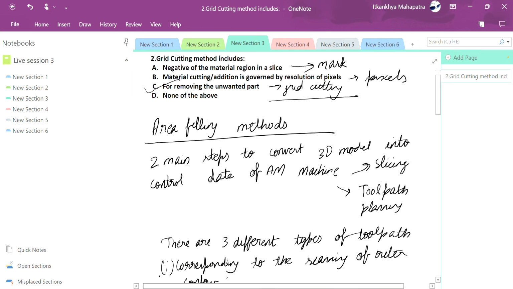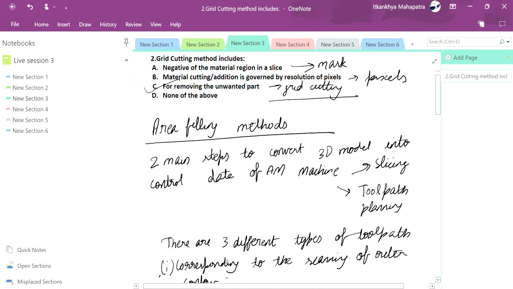So basically, you need to understand grid cutting. In grid cutting, we can get the outer periphery corresponding to the desired objects. Like there will be an outer boundary and an inner boundary, and we need to obtain the part between the outer boundary and the inner boundary. So in this method, grid cutting will be used.